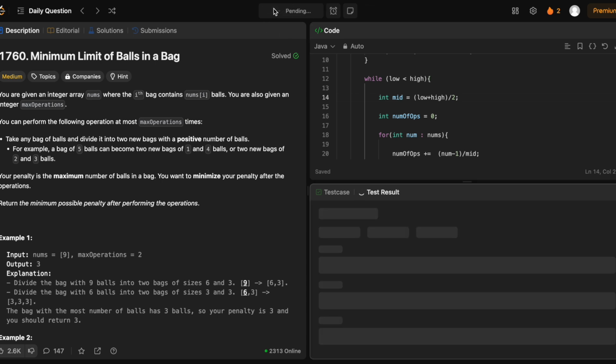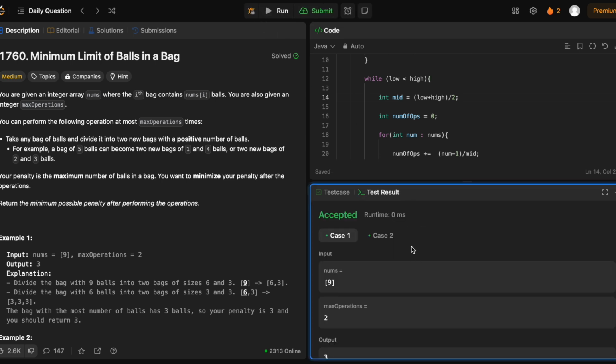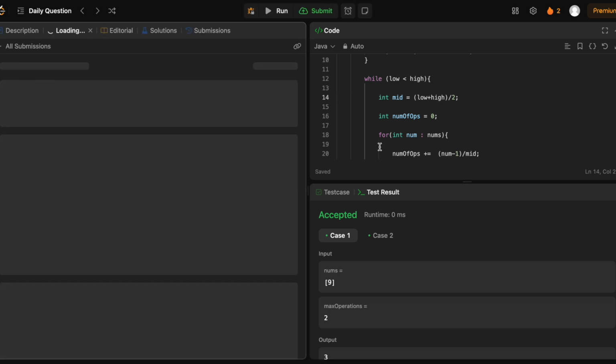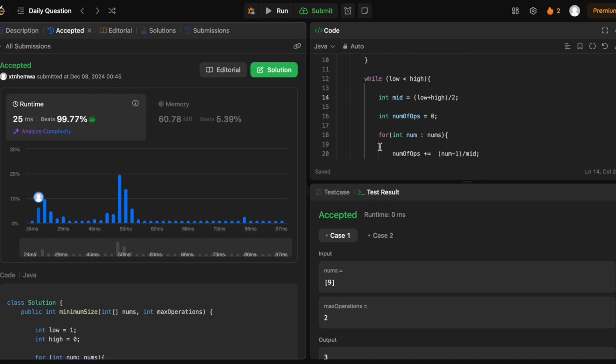Okay. All right, so we passed our first test case after removing the errors. Then if we submit, let's see what happens. So this is our solution, passed 99% of the time.